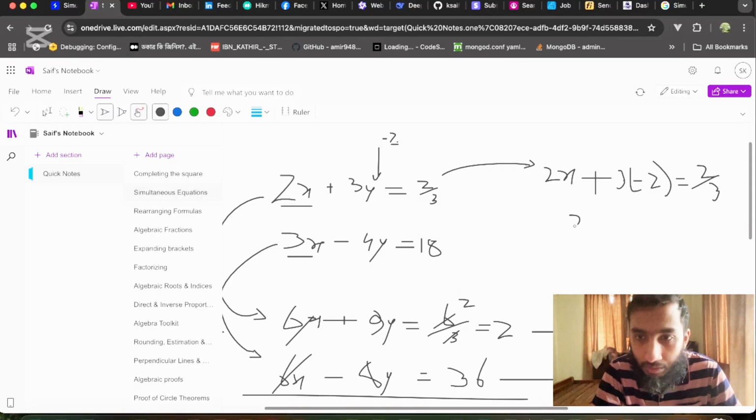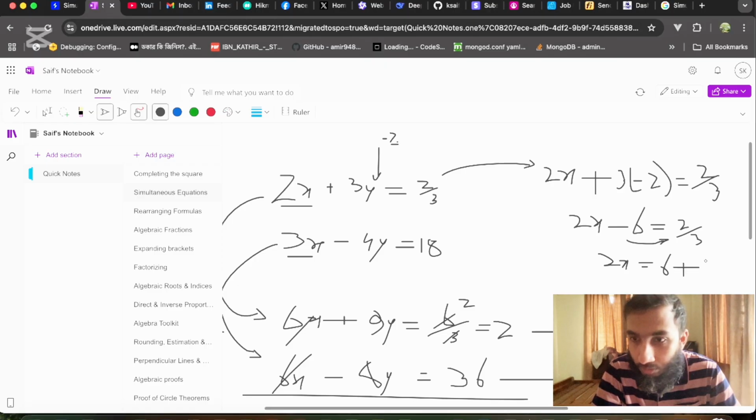So I can write 2x minus 6 equals 2 by 3. So 2x equals, if I take 6 to the other side, 6 plus 2 by 3.